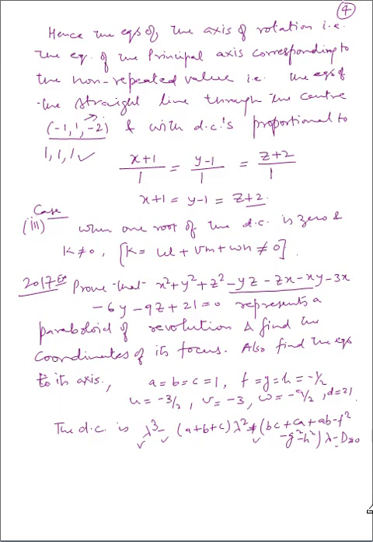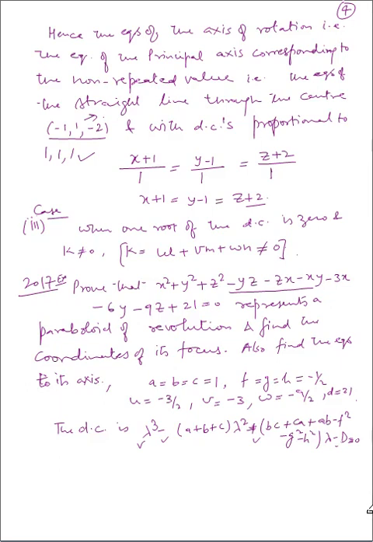This comes 3 by 4 minus 1 by 2 into 4, 3 by 4 minus 1 by 2, 3 by 4. So this becomes 3 by 4, and this is half of that, this is half of that, so this is 0. So D is 0 here.